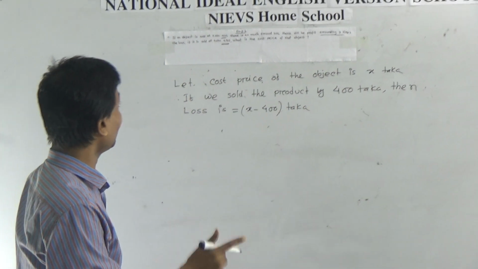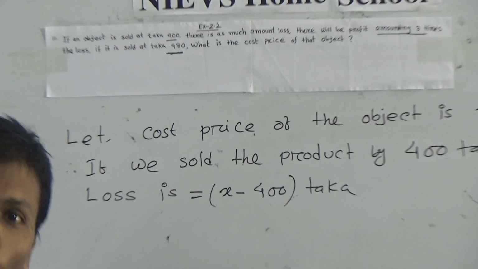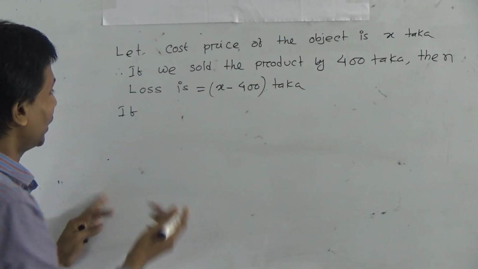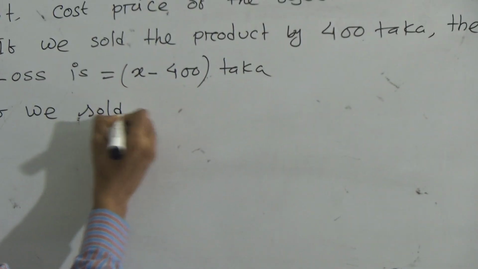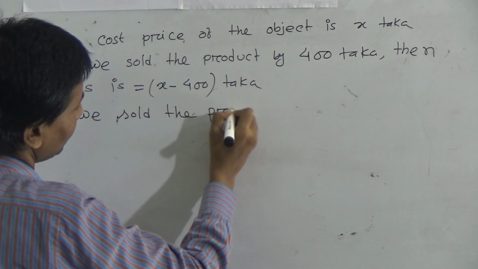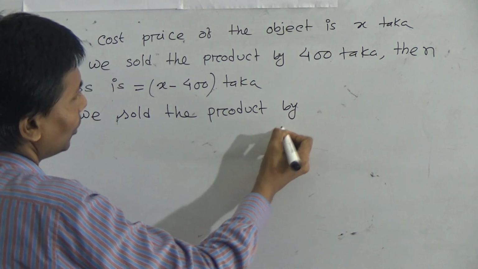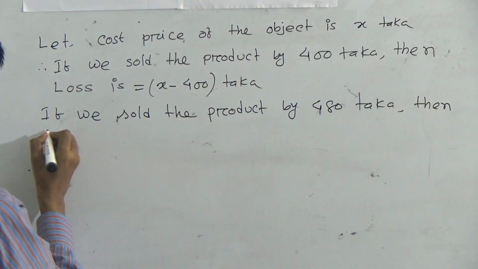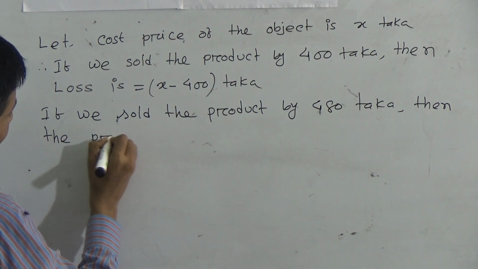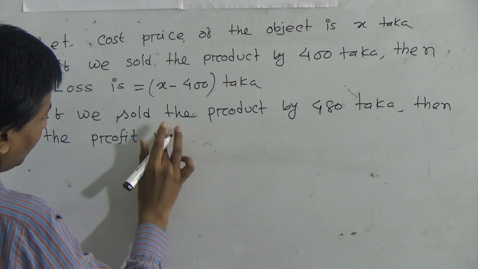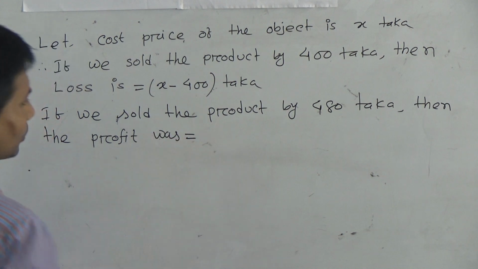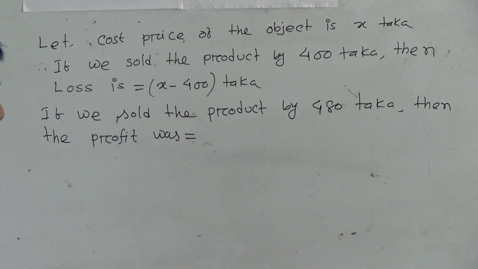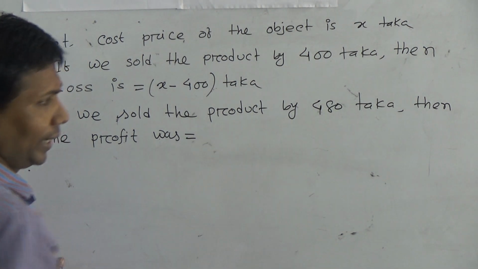So, if we sold the product for 480 taka, then the profit is, selling price minus cost price.